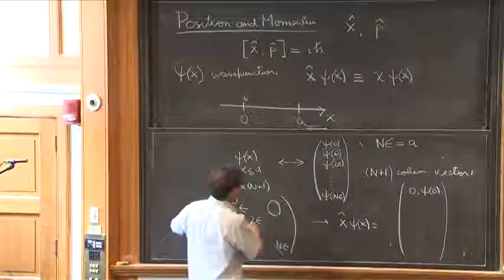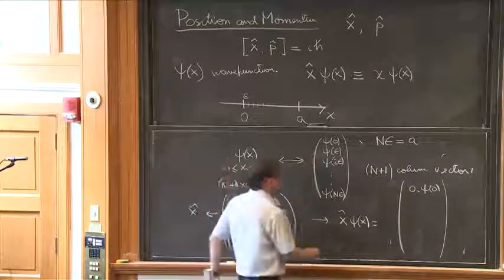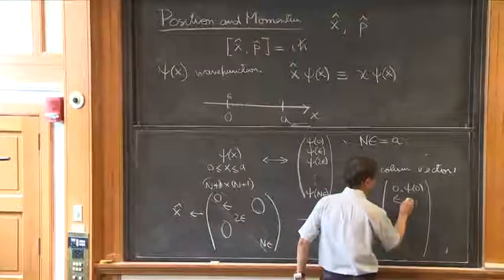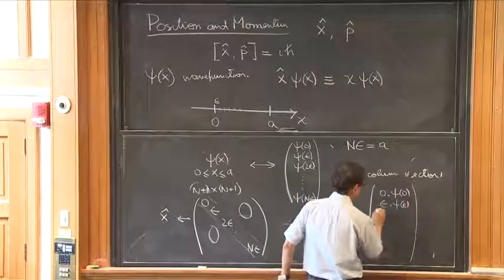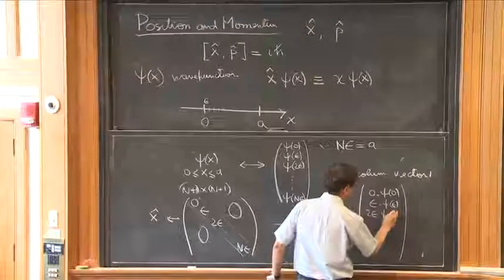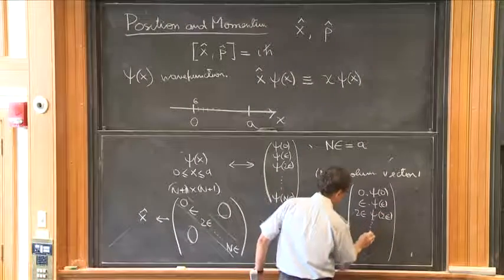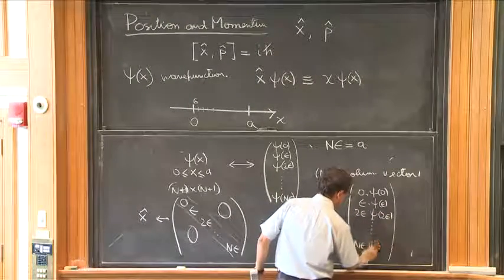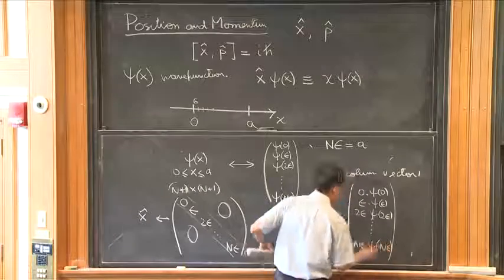Then I get epsilon times psi of epsilon, 2 epsilon times psi of 2 epsilon, up to n epsilon times psi of n epsilon.